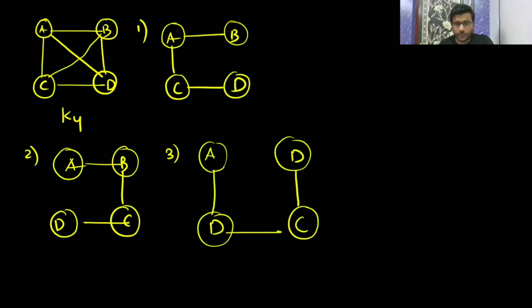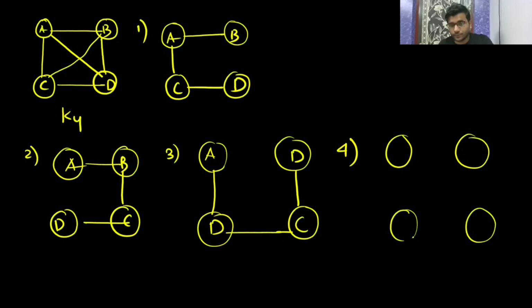See, there are many spanning trees you are going to get like this. See, these 4 ways you have got. Okay, same way you can get more spanning trees like this.